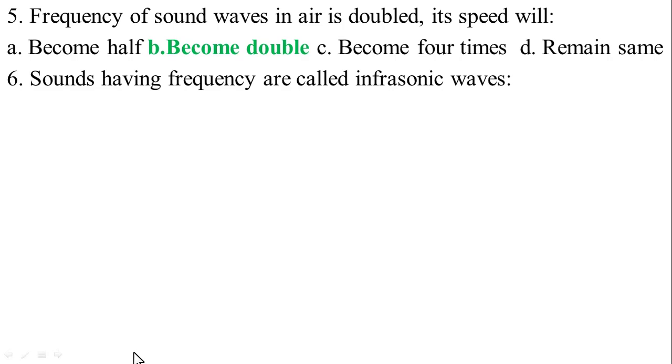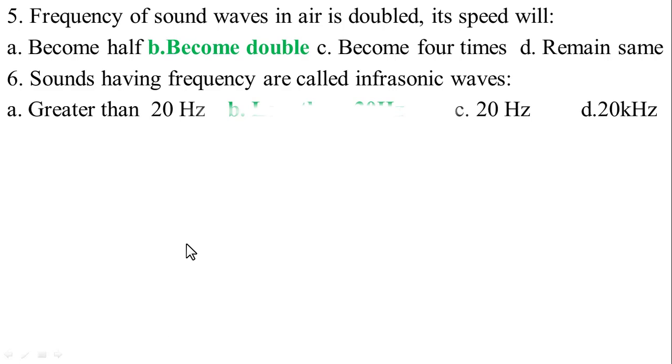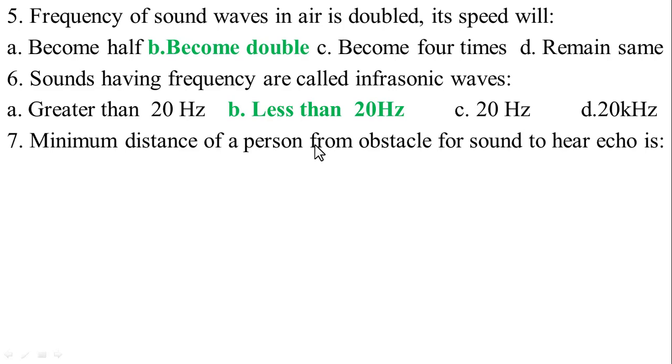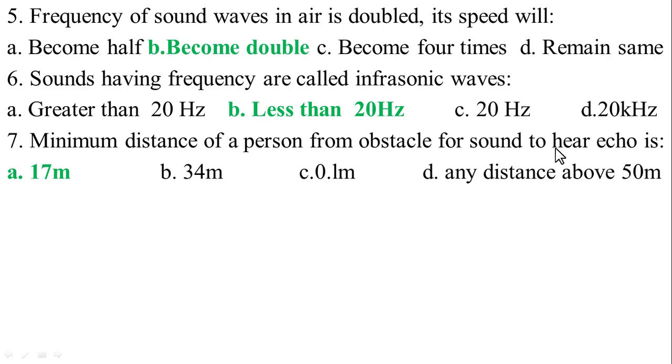Infrasonic waves are sound waves less than 20 Hz. So the answer of this part is B, less than 20 Hz. Now in number 7: the minimum distance of a person from the obstacle to hear an echo is? Minimum distance is the smallest distance, so it will be equal to 17 meters.